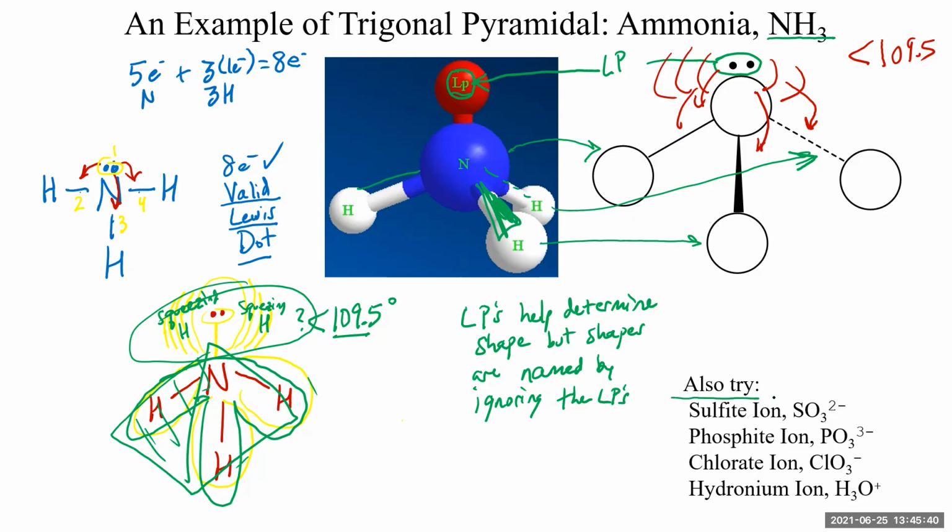And again, also try these other examples of trigonal pyramidal molecules. Some of them: sulfite ion, phosphite ion, chlorate ion, even hydronium ion. These are all ions that you are going to have to get very, very familiar with. They are part of the list of polyatomic ions to memorize. Hydronium ion isn't part of that list, but you are going to get to know it because this is the main ion of acids.